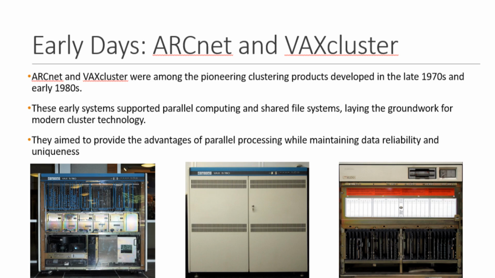However, it wasn't until 1984 when Digital Equipment Corporation introduced VAXcluster and the VAX/VMS operating system to go along with it. Now ARCnet and VAX not only supported parallel computing, they also shared file systems and peripheral devices, aiming to provide the advantages of parallel processing while maintaining data reliability and uniqueness.